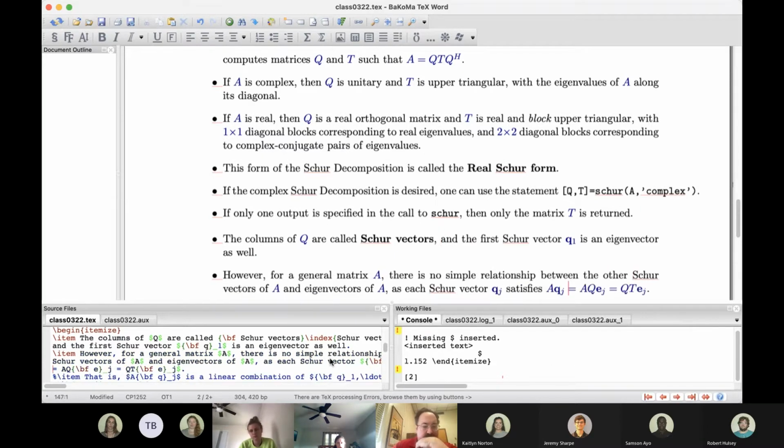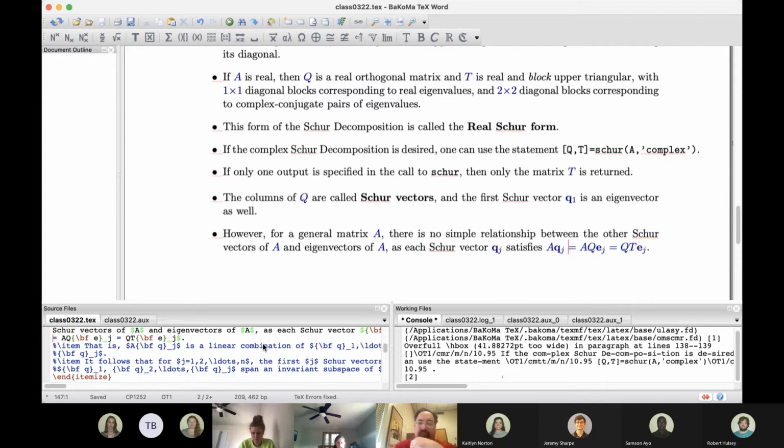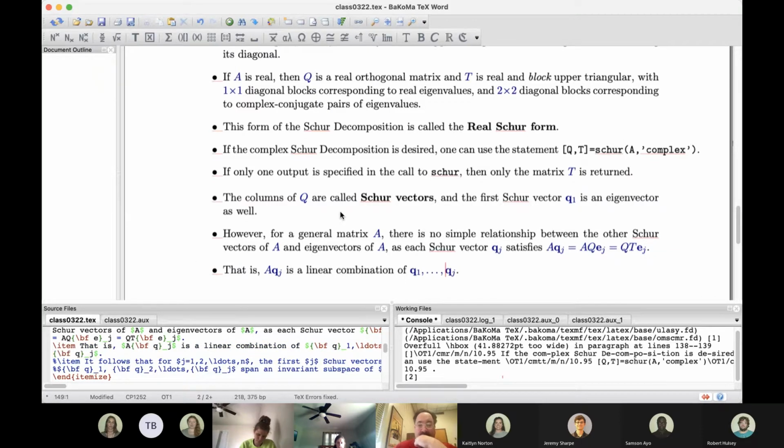Otherwise, there's no simple relationship between the other columns of Q, which are also the Schur vectors of A, and the eigenvectors of A. So if you really want the eigenvectors and you compute the Schur decomposition, unless the matrix is symmetric or belongs to certain other classes, like what's called a normal matrix, you'd have some post-processing to do. In some cases with unsymmetric matrices, that could be a pain.